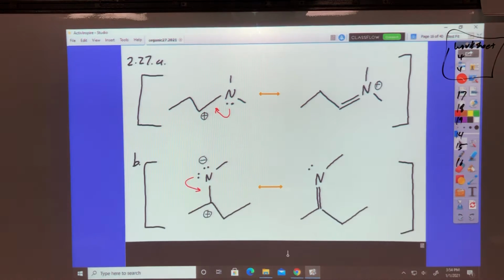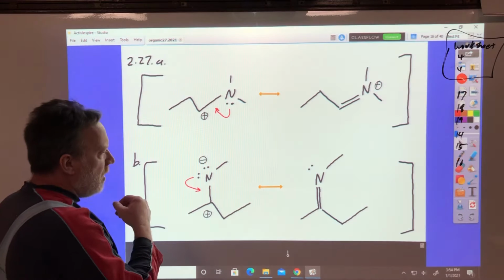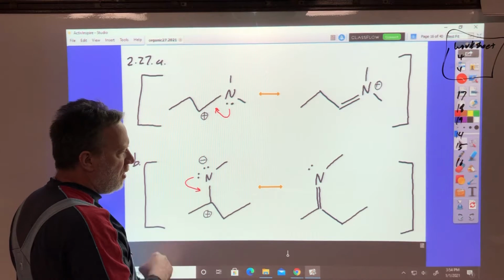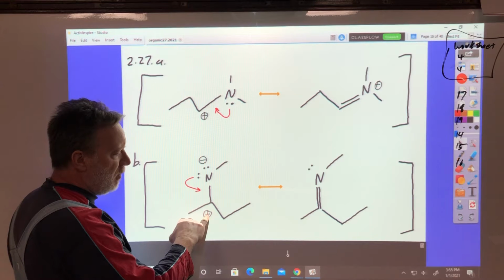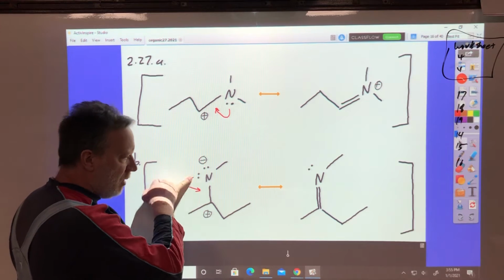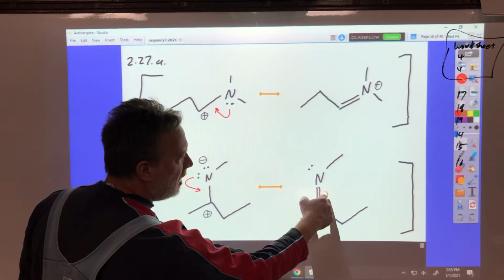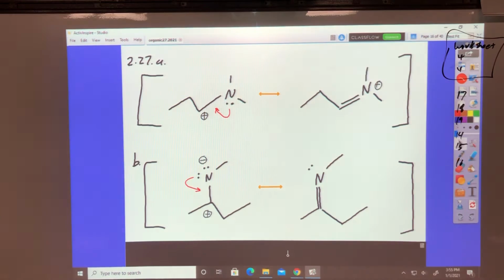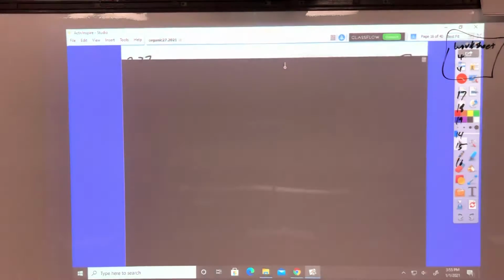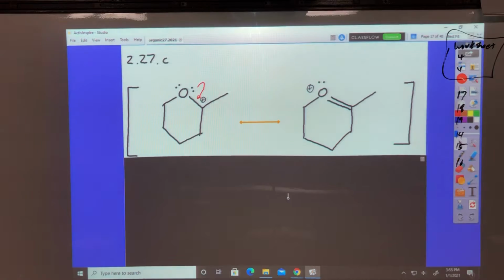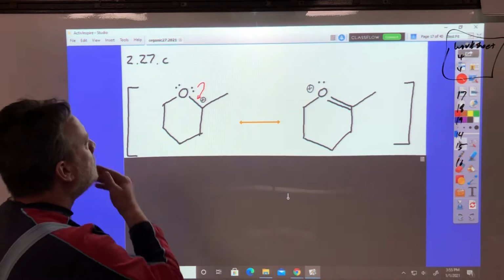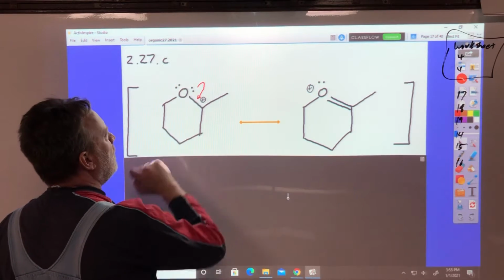Next example they give you is apparently this one. Got a negative formal charge here, but that's not really part of the question at this point. Do have a positive formal charge here, lone pairs. We'll move in there and do resonance with a double bond. Okay. Going on to C, we've got a ring here, an oxygen with 2 lone pairs.